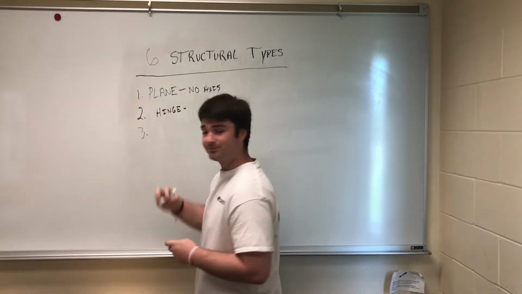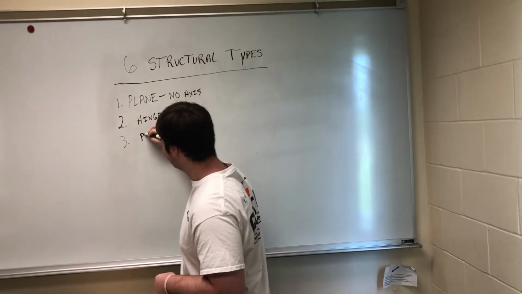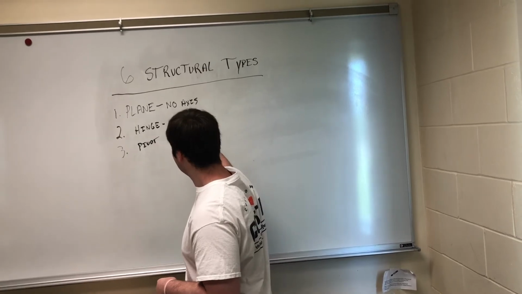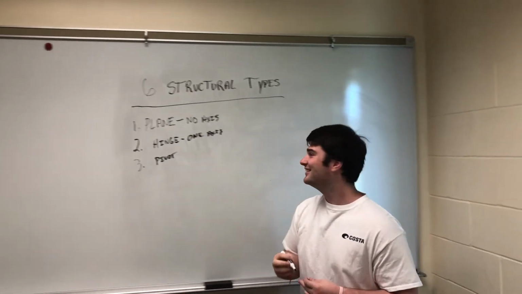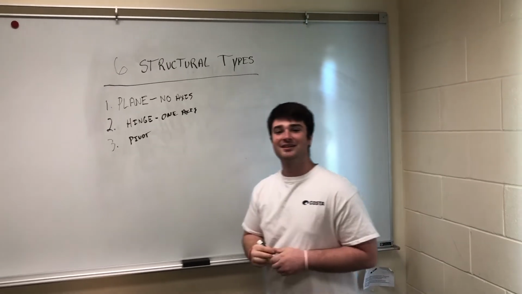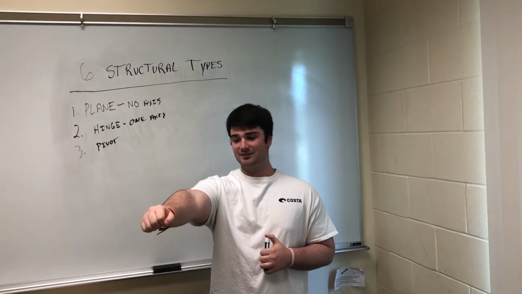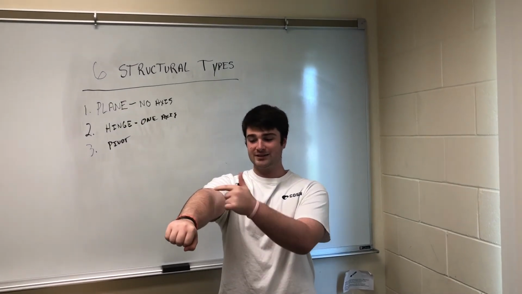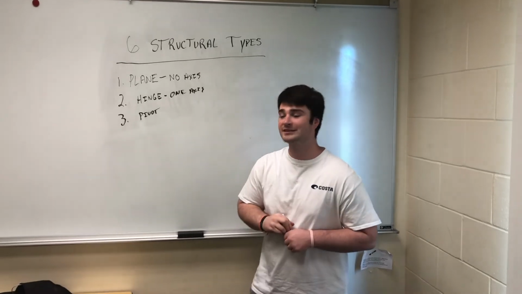Next one we have is the pivot. This could happen as rotating the radius over the ulna in the forearm. The next one up is the condyloid joint.